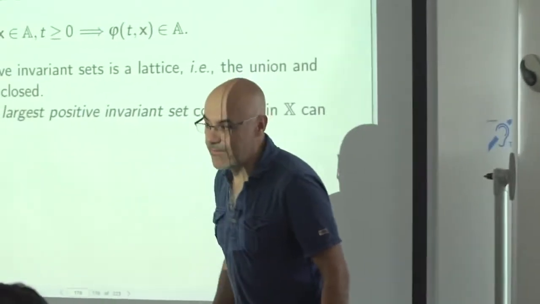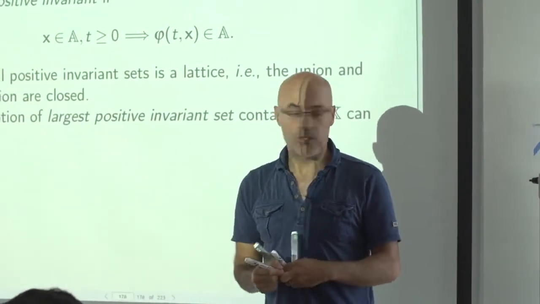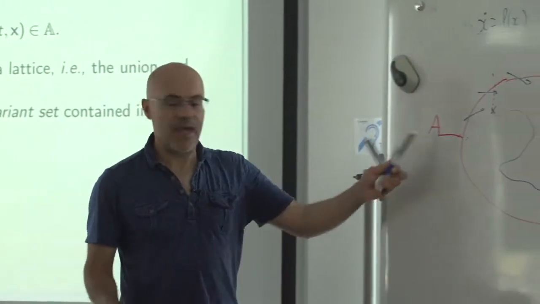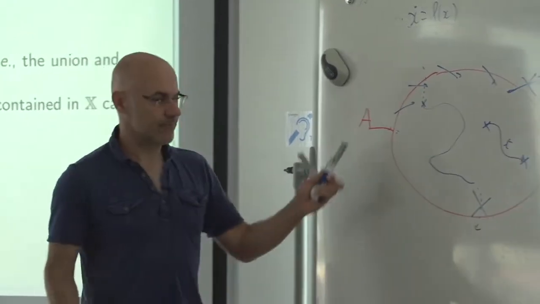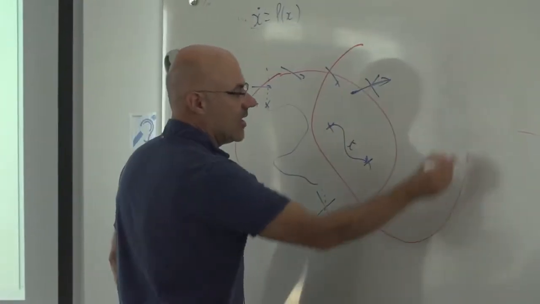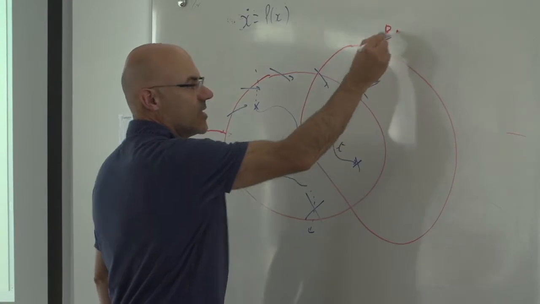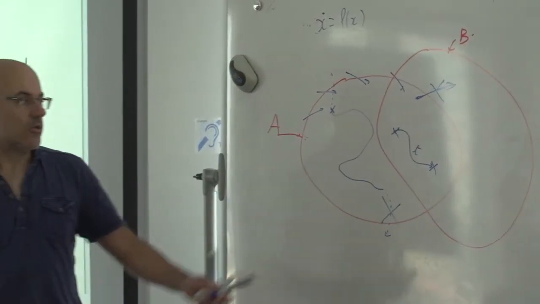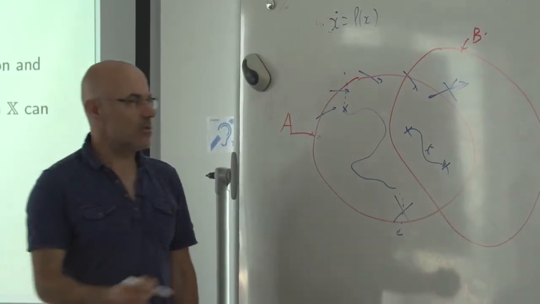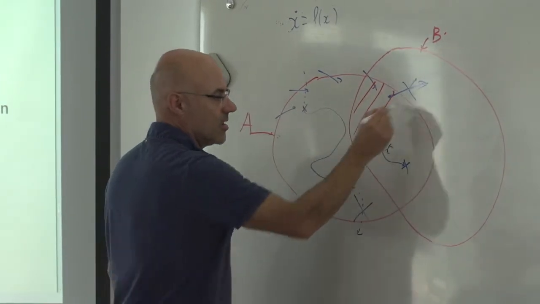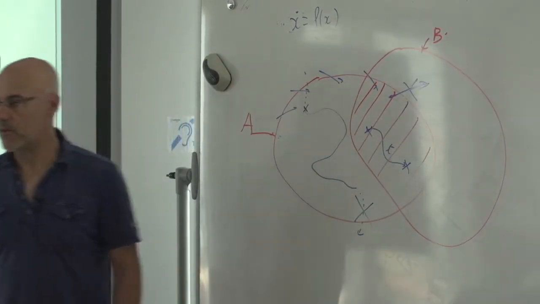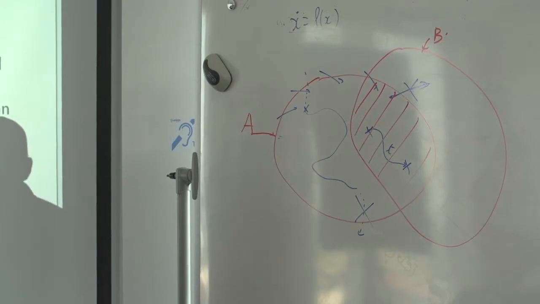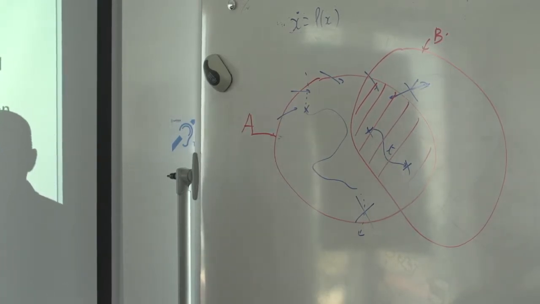What can easily be proved, and you can understand it geometrically, is this: if A is positive invariant and B is positive invariant, do you think that the intersection of the two is positive invariant or not? Yes? Logical? Yes, of course.